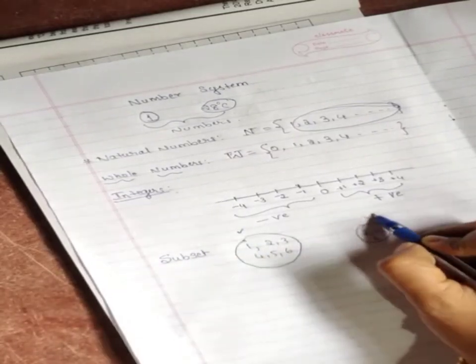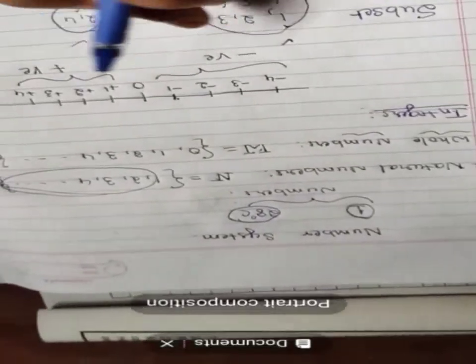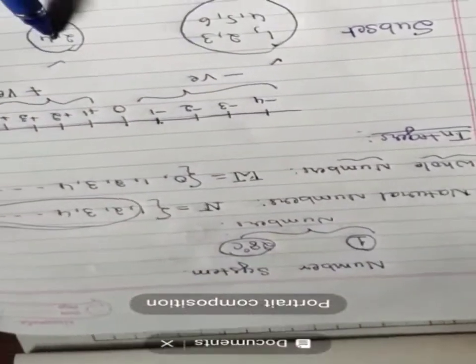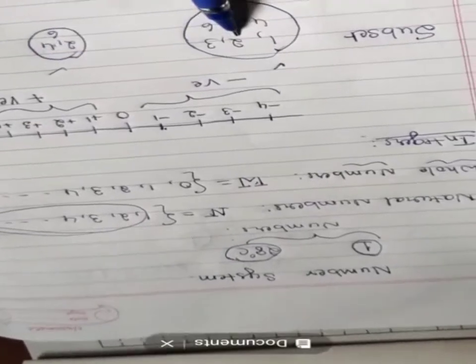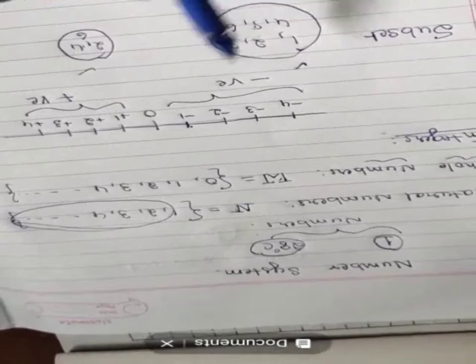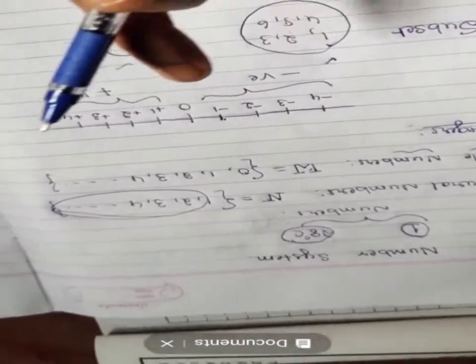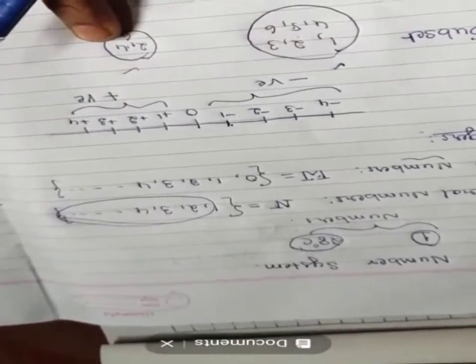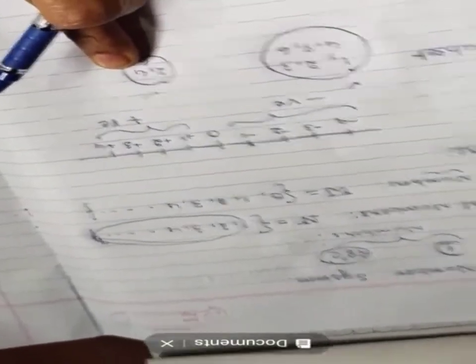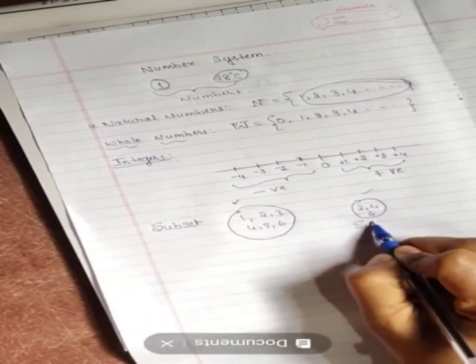This is a set, and this is a set, but this set is a subset of the first. Few numbers are taken from here; that is called a subset.